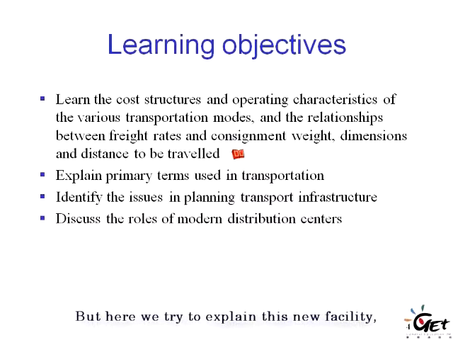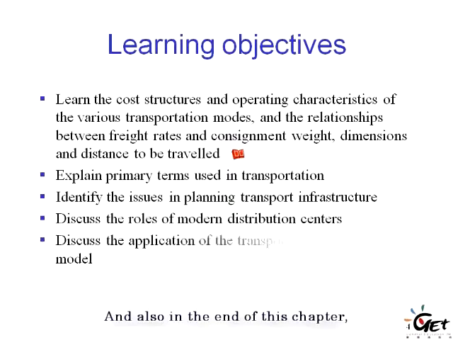But here we try to explain this new facility or new organization in a supply chain. It also has similar functions to the warehouse. Maybe we can call this distribution center a special type of warehouse. However, they are different, although they are quite similar. The distribution centers provide more functions than the traditional warehouses.